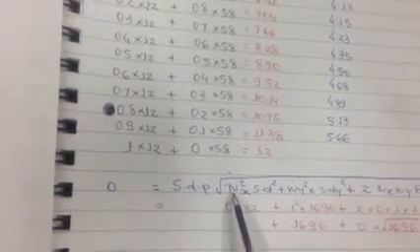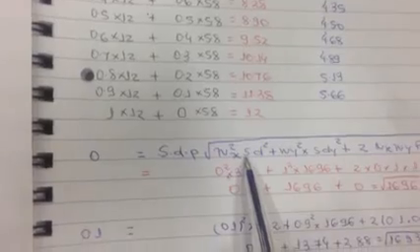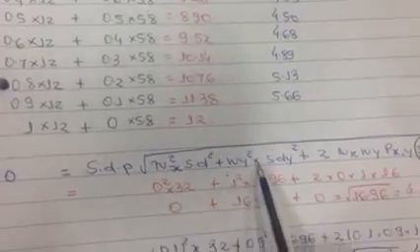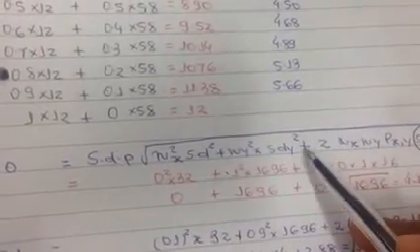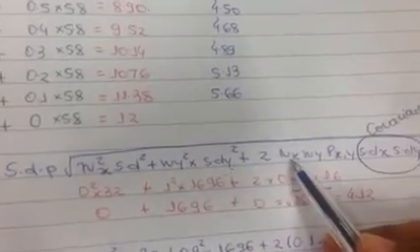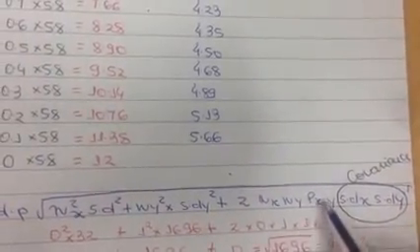We have two projects, x and y. So it will be the square of the weight of x times the standard deviation of x plus the square of the weight of y times standard deviation of y plus 2 times the weight of x, weight of y, times the coefficient of correlation.